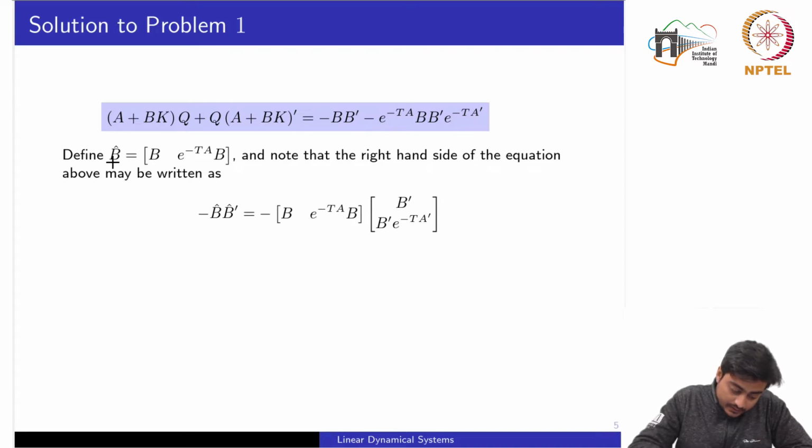Now we define another matrix, let's say B hat, defined as containing two block matrices, B and the exponential matrix times B. Okay.